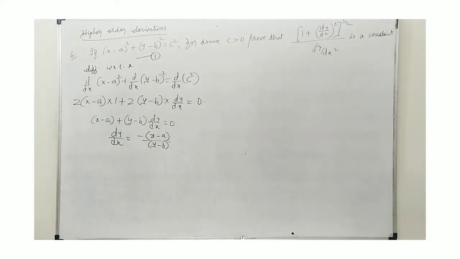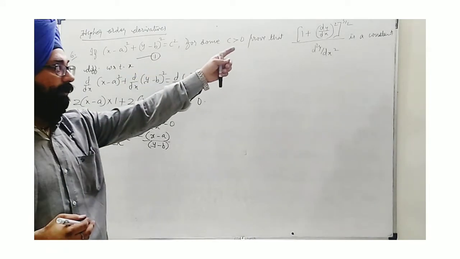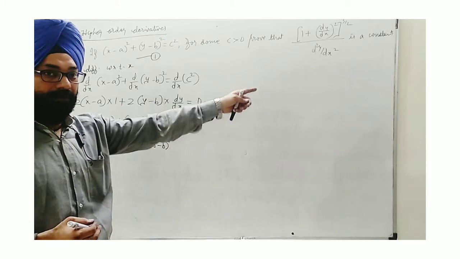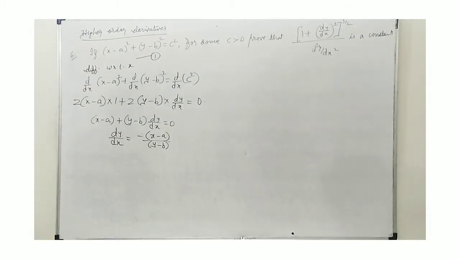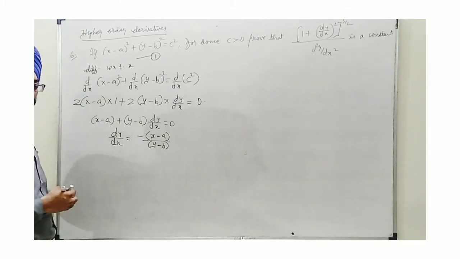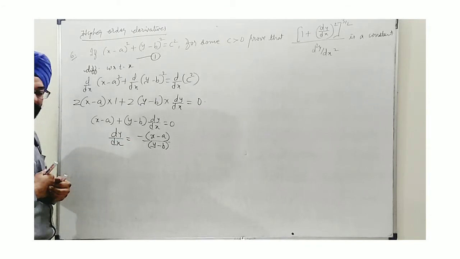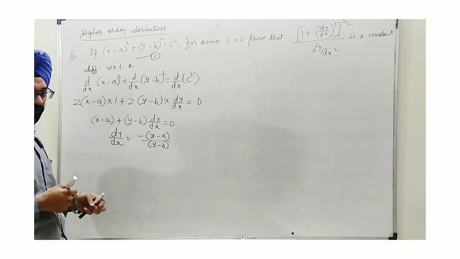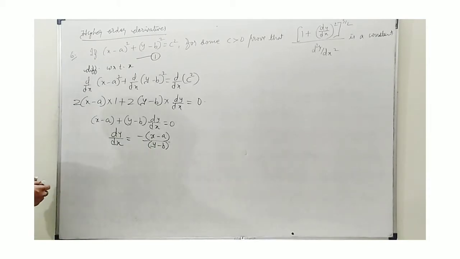This way we can do. We will not forget, we need there the values of dy by dx and d square y by dx square also. To differentiate further, obviously we have to apply the quotient rule, since both of them are functions of x. We go ahead.